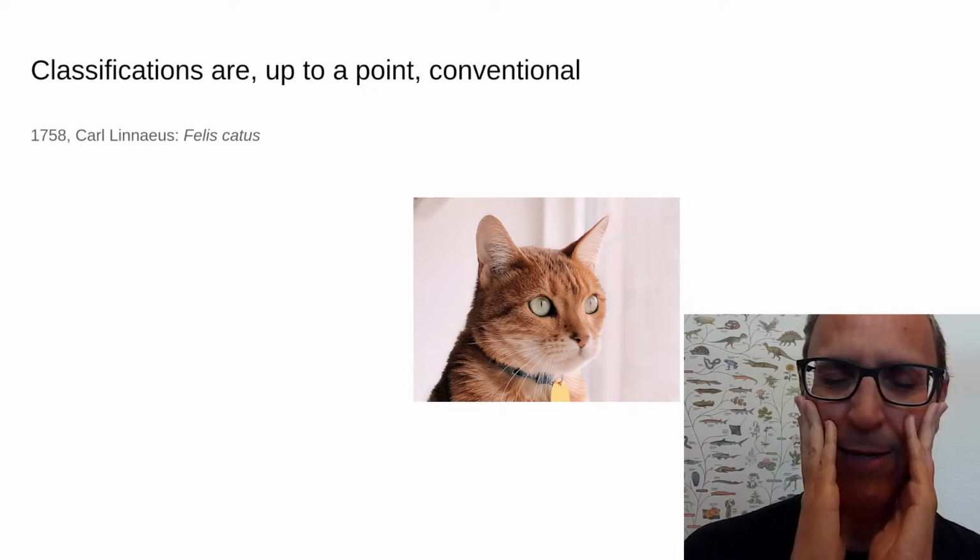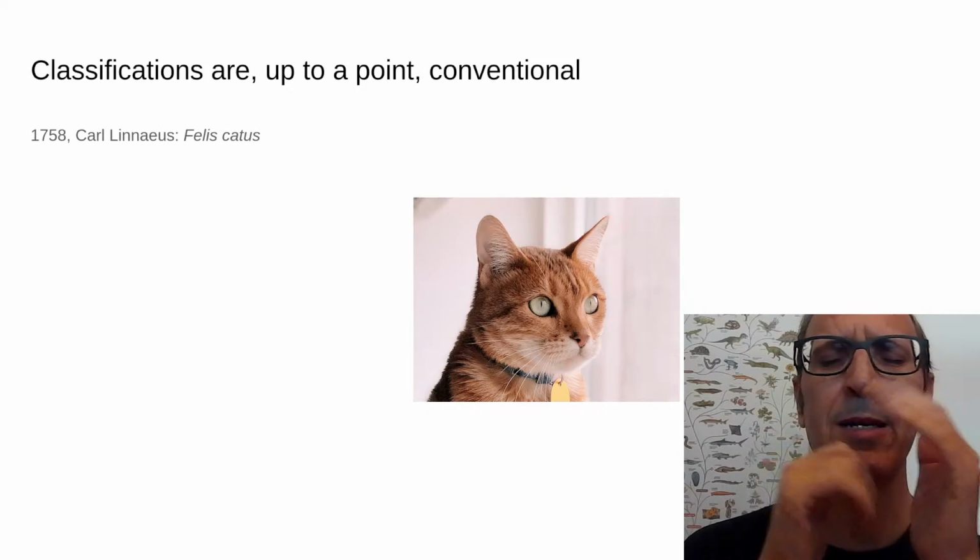Yeah, but this is something that is quite common in biology. For instance, species are also conventional. You might think that species are real, in the sense that they are clearly defined in nature, but that is not true.